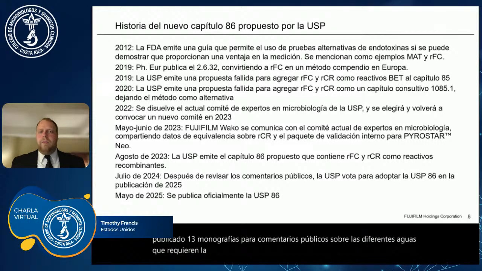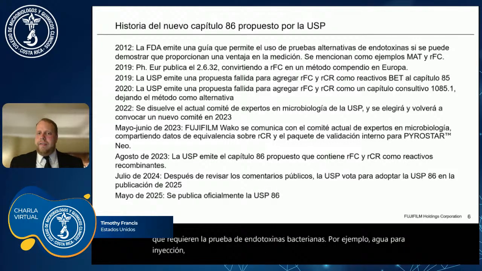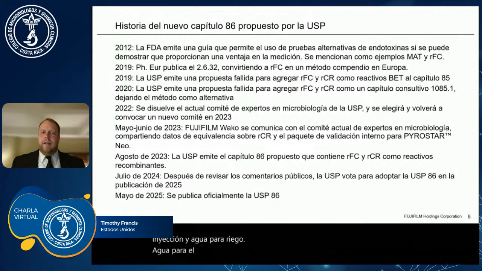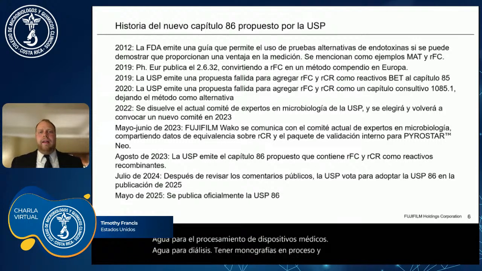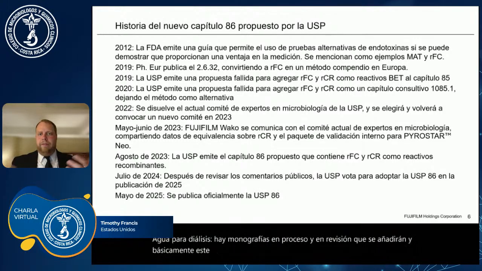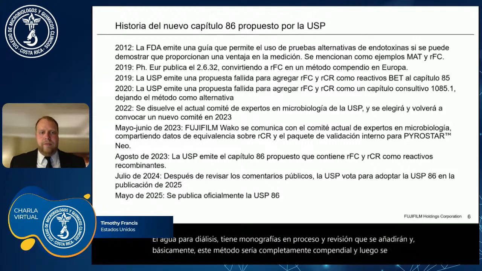For example, water for injection, water for irrigation, water for the processing of medical devices, and water for dialysis have monographs in the process and in review that will be added, and basically then this method would be fully compendial and then referenced in the monograph for those methods.